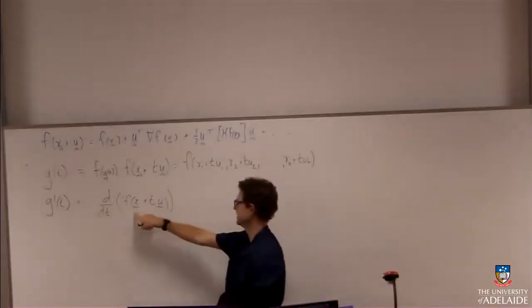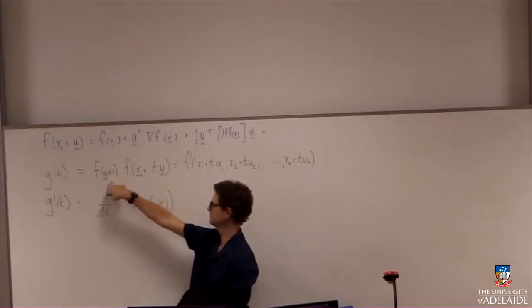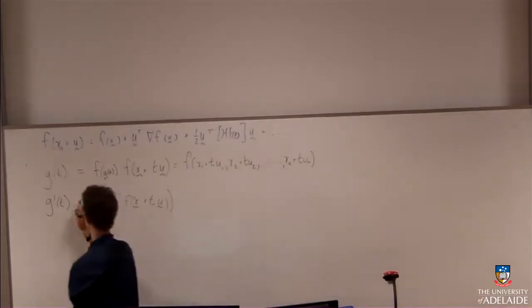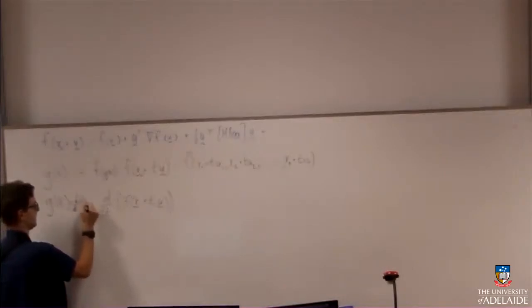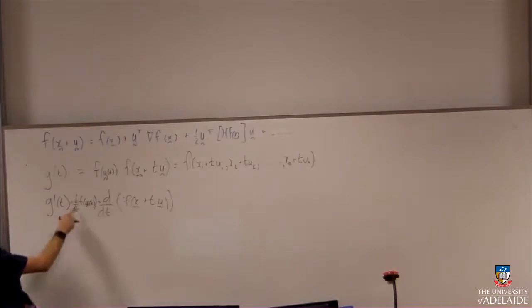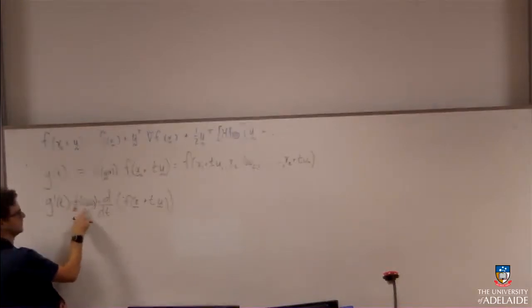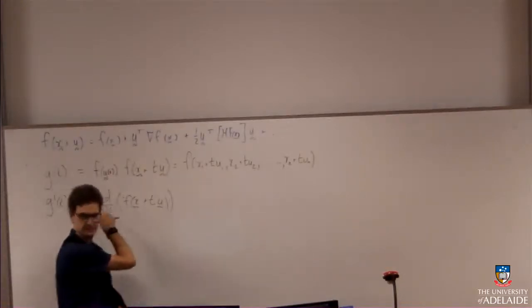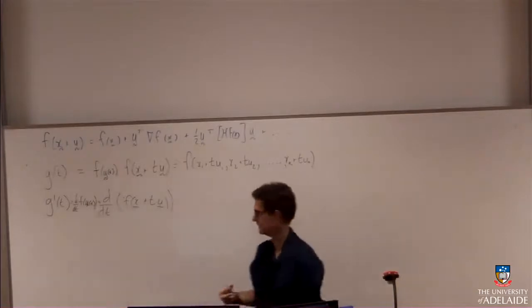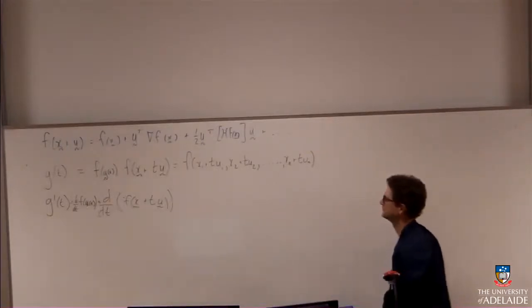If I'm differentiating f of y, then I'm differentiating with respect to y and then with respect to t. And that's the classic case where we have to use the chain rule.